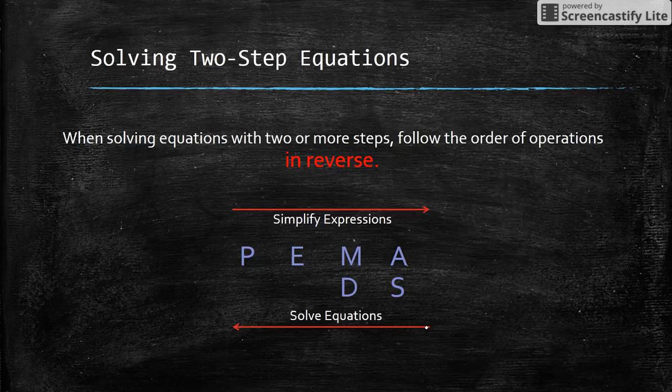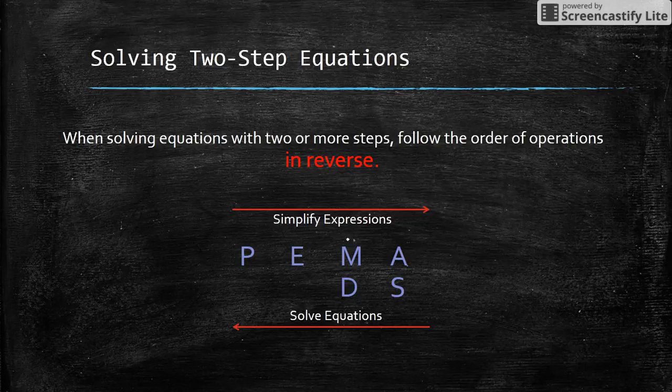Now, when we're solving equations, we're actually undoing operations to try and get the variable by itself. Since we are undoing them, we're going to perform those operations in reverse. What that means is that when you see addition and subtraction in the equation, you're going to undo that piece first.